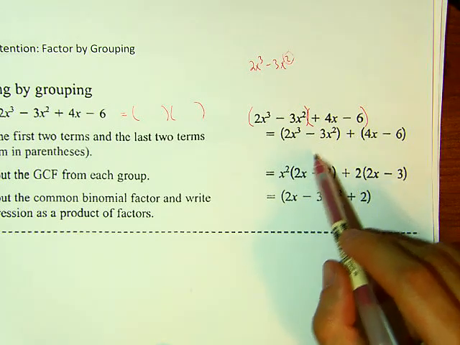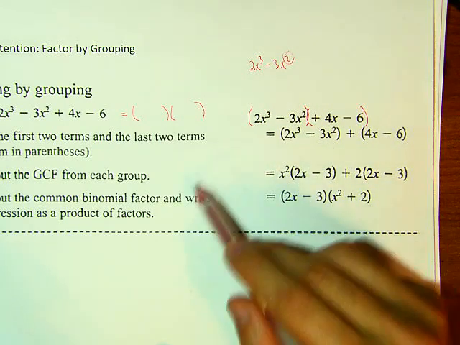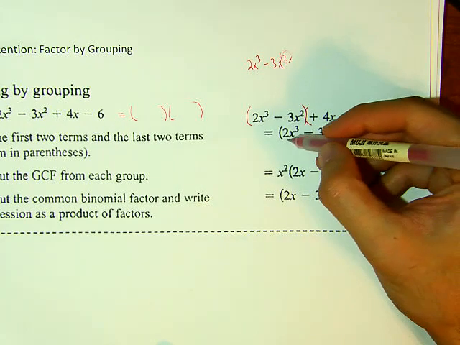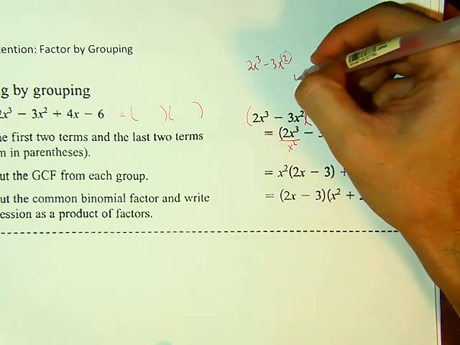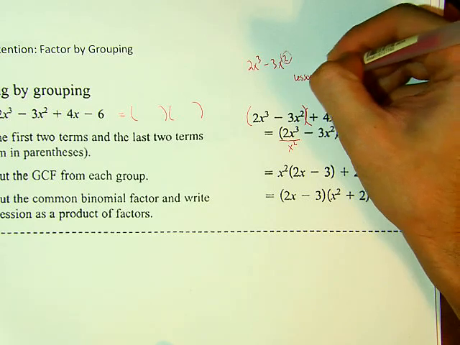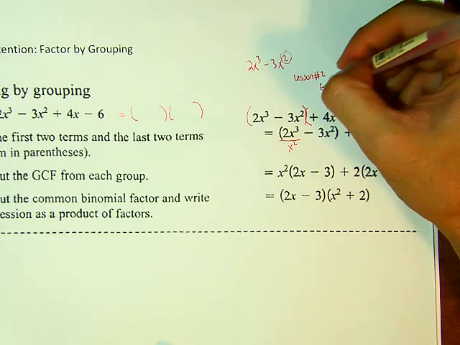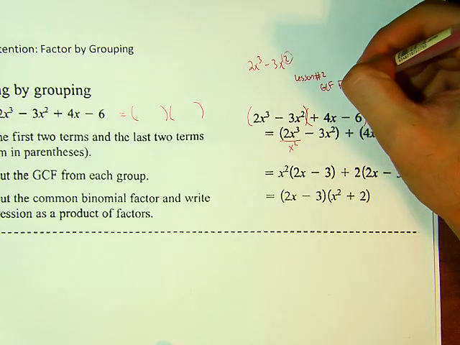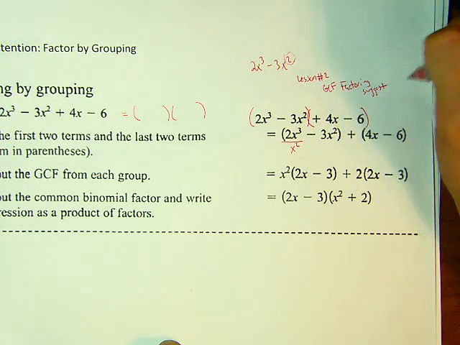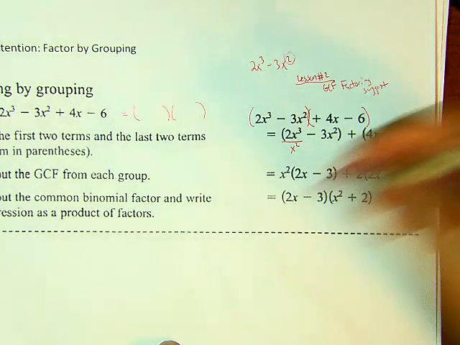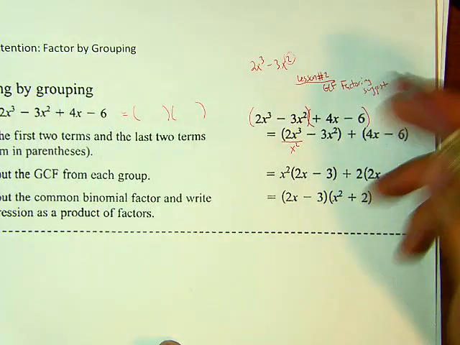So notice, when you factor out that x squared, what is 2x cubed divided by x squared? This is from lesson number 2, okay? If you feel like you're a little shaky with finding the GCF and factoring it out, I suggest you pause this video and go to this lesson, and then come back to this.